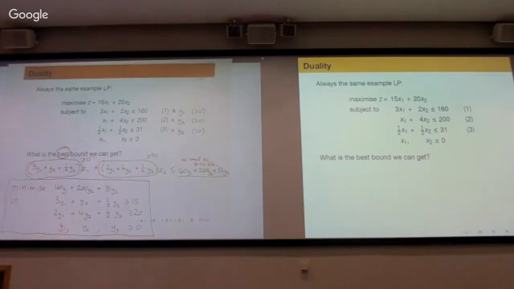And instead of solving it, we said, oh, what's the best upper bound we can get by combining the constraints? And the best bound we can get is given by solving a different linear programming problem.